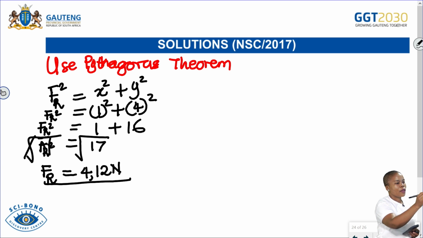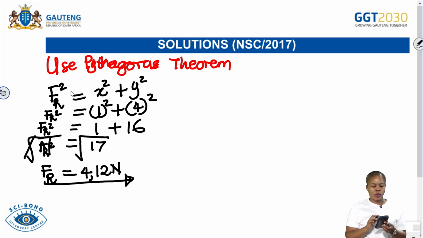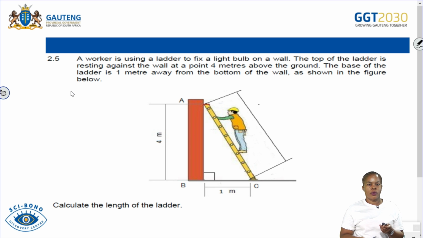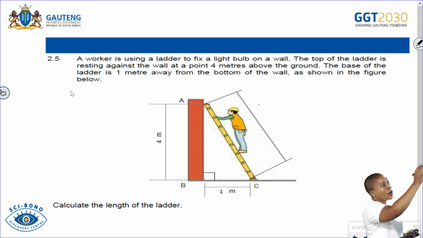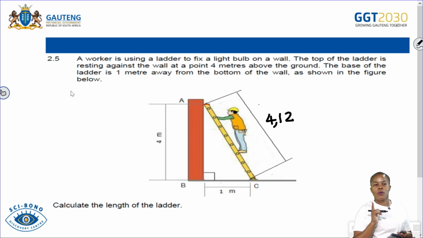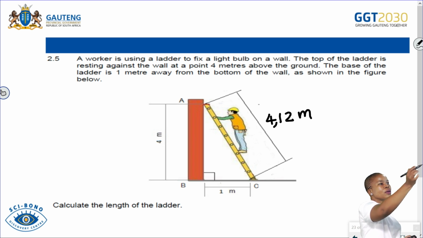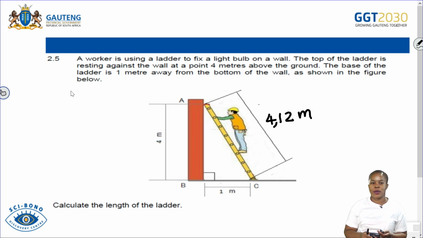Okay, in that way, look what we have found. We have found the length of this ladder, which is what? 4.12. Because we're talking in terms of a physical quantity of a distance, then it's 4.12 meters. Okay, that is how simple it is.